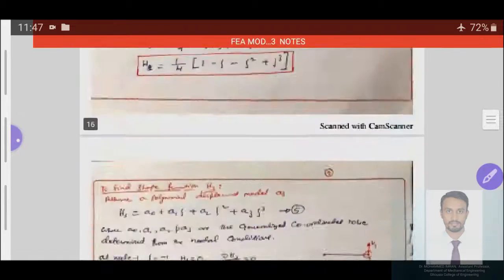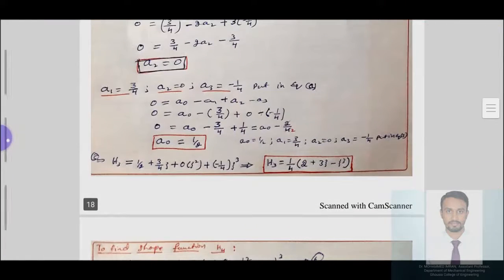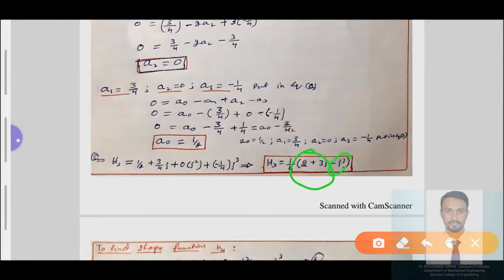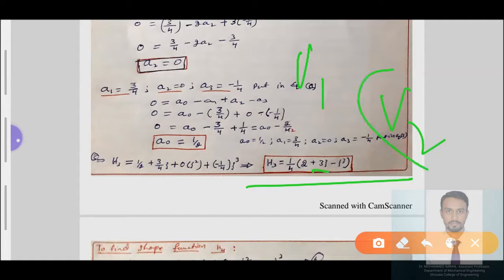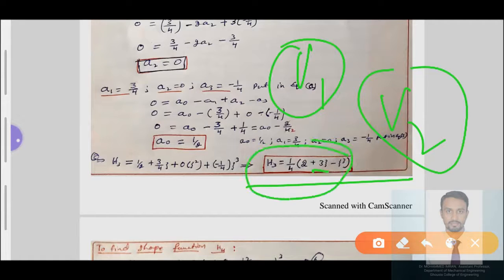You can check the equation. See here, this is a plus and this one is minus. Only the sign convention has changed. The equation has remained the same. h3 equals 1 by 4 into 2 plus 3 zeta minus zeta cube. Why? v1 is a transverse displacement and v2 is a transverse displacement. So the equation remained the same, only the sign convention has changed.